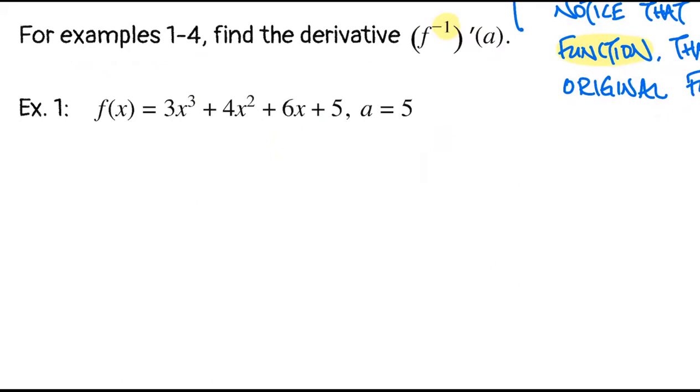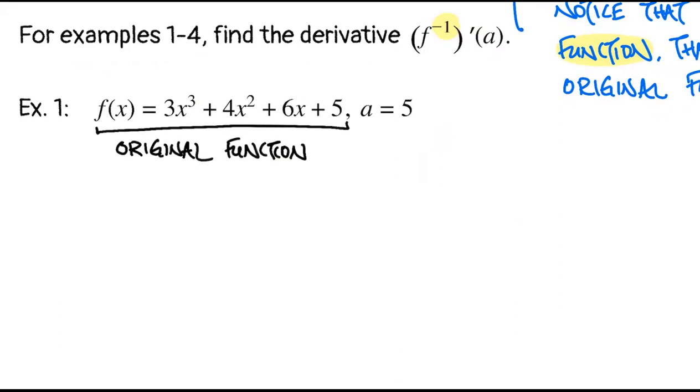This tells us about the original function. F of x, there's no -1, so it's not the inverse function. What does this a equals 5 mean?